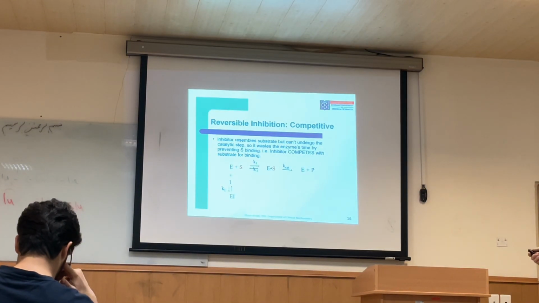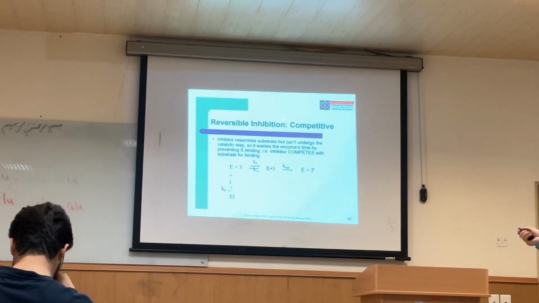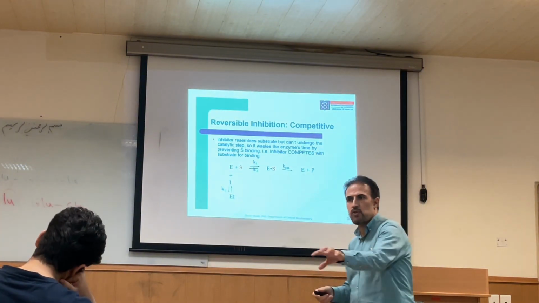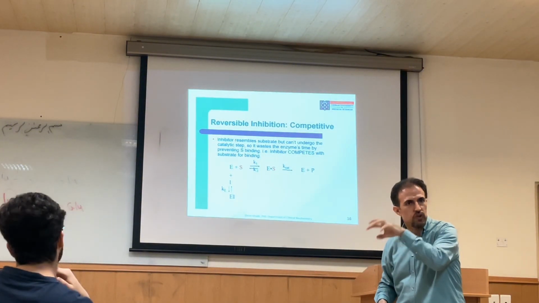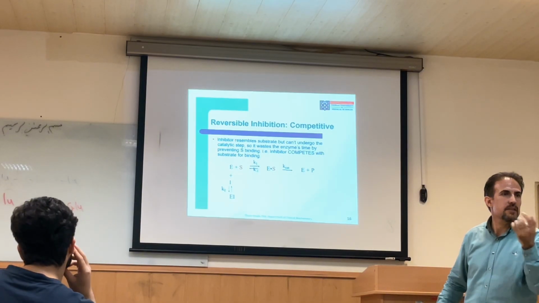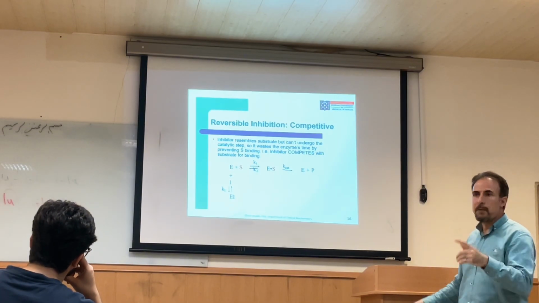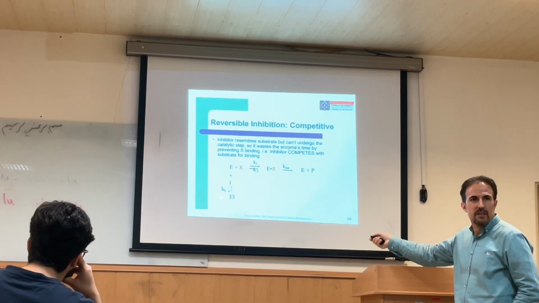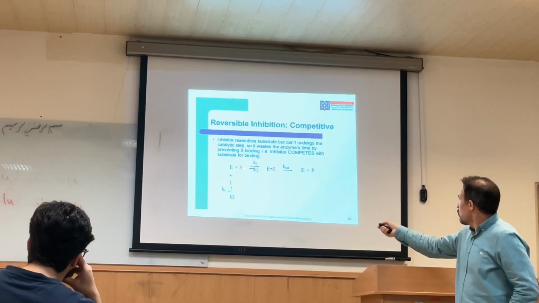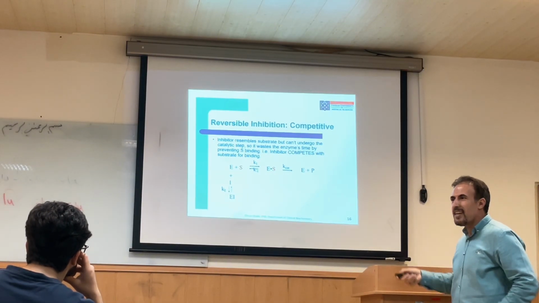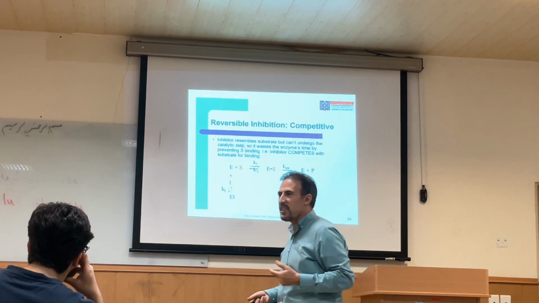You have some equations here, for example, for reversible inhibition. This is competitive: the enzyme can bond to the substrate. That site can be occupied with the substrate or occupied with the inhibitor. I is for inhibitor. It depends on the concentration of this. If you use more of this, what happens? You will not have this pathway. You will inhibit it all. It depends on how much of the drug you get.